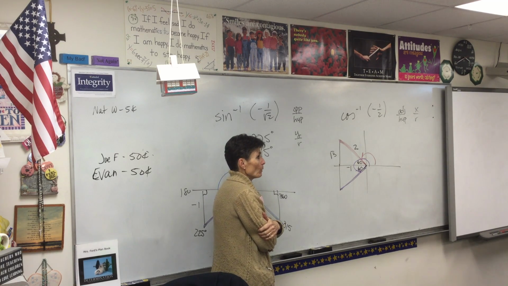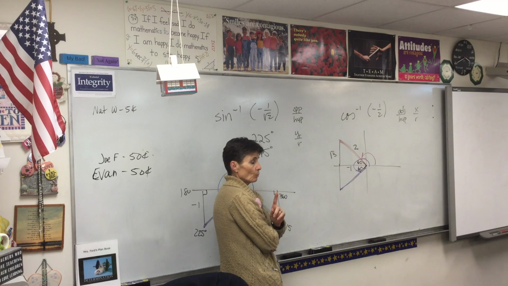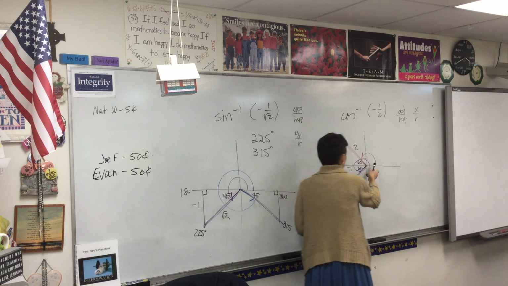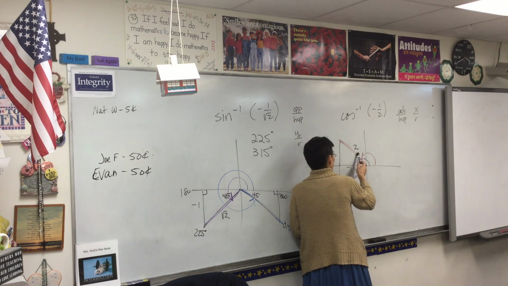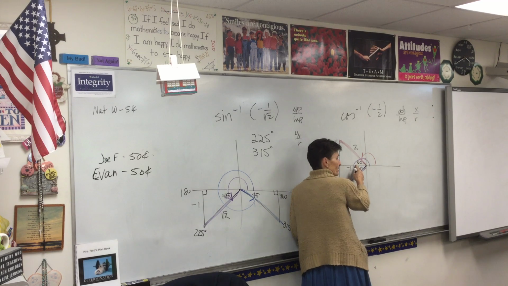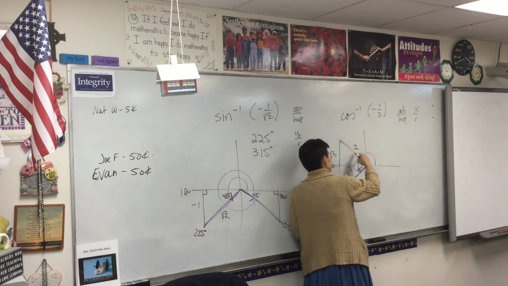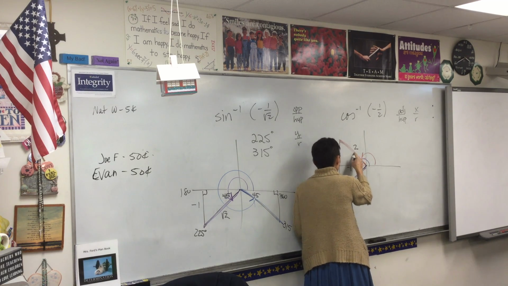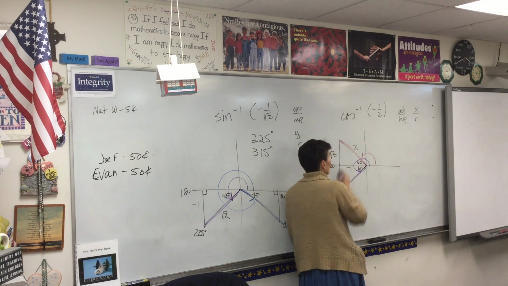Okay? Now we're gonna look at the red angle first. If I came all the way around to here, it would be 180, right? But I stopped 60 degrees before I got to 180. 120.